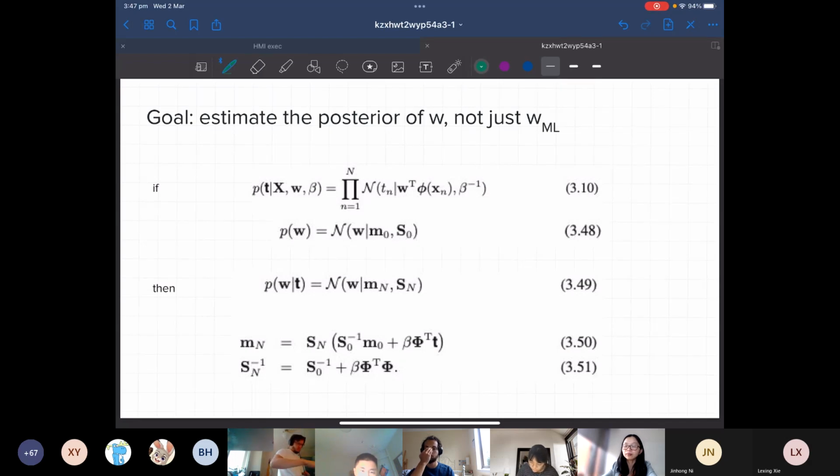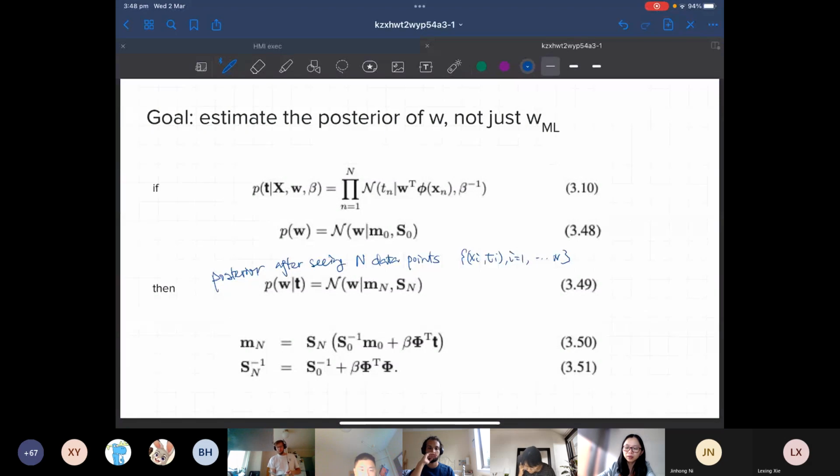Notation-wise, we would like to estimate the posterior distribution after seeing n data points, essentially x_i, t_i pairs for i equal to 1 through n.